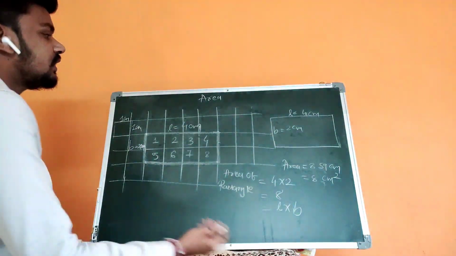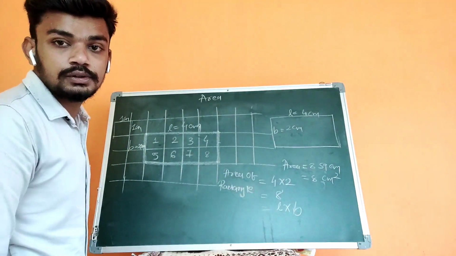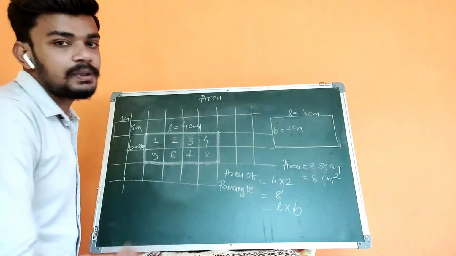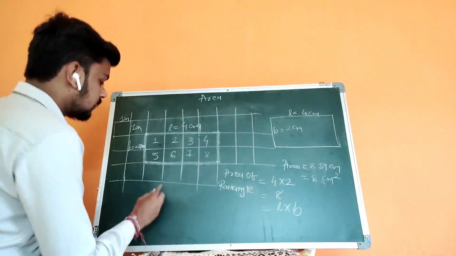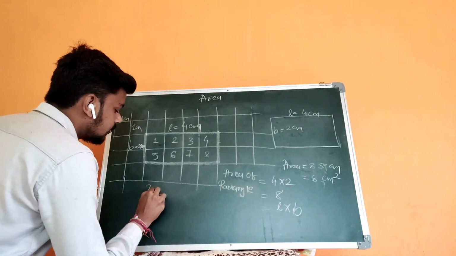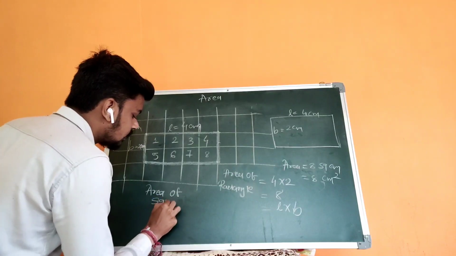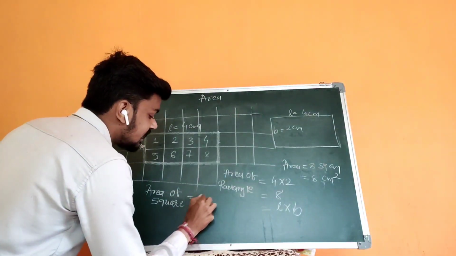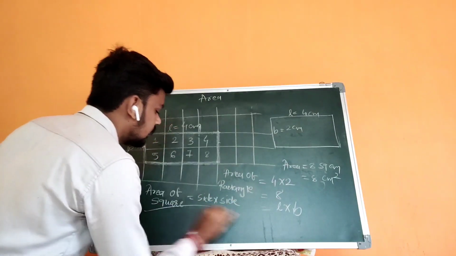Now let's say there is a square. It is also the same, but in the square we don't have the length and breadth separately, we just have the same side. So the area of a square is equal to side multiplied by side.